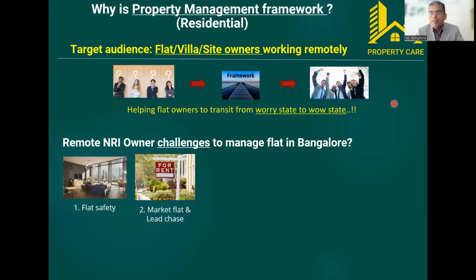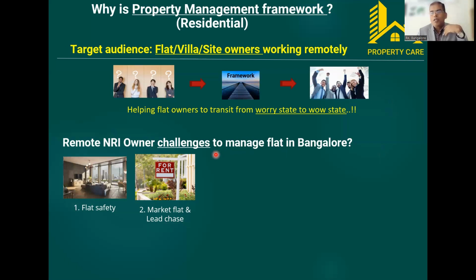Suppose we post an ad on a leading portal, where you will get some 10 responses in one day. How do you follow up? What time do you call? Our day is your night. In such cases, they find it very difficult to manage such leads and coordinate with them.